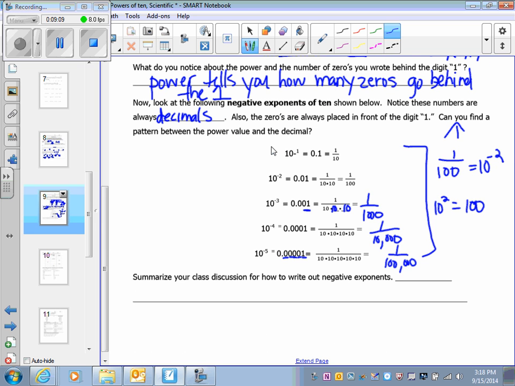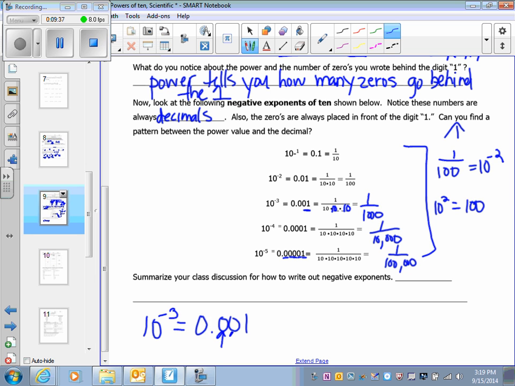Summarize your class discussion for how to write out negative exponents. Okay? You can also use the trick here. So I'm going to give you a little bit of another trick here. So for 10 to the negative 3rd, since we know that our negative exponents mean decimals or fractions, what I can do is I can add 3 zeros, including the leading 0. Okay, so these are the same. And I know that because 1 is in the thousandths place.